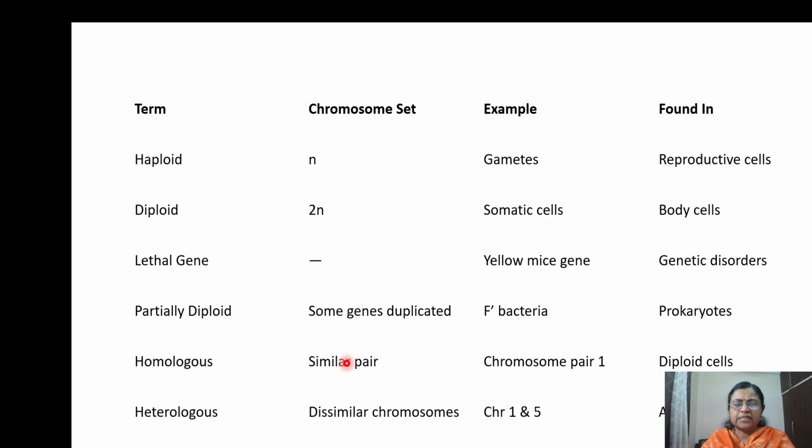They have the similar pair. So chromosome pair 1 is the example and found in diploid cells. Heterologous means dissimilar chromosomes. So here chromosome 1 and chromosome 5 are heterologous chromosomes, and found in all cells.